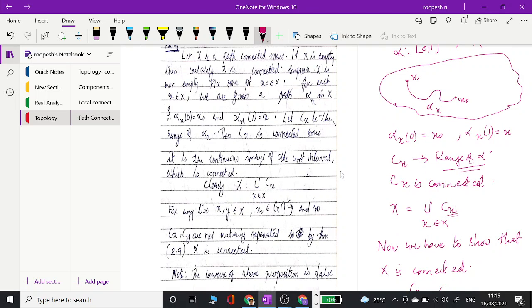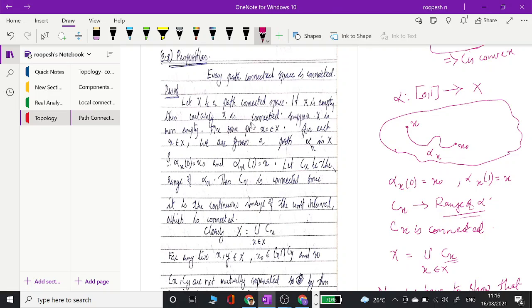So let us see. We assume that X is a path connected space. Now if X is empty, then certainly X is connected. Now suppose X is non-empty. We fix some point X0 belonging to X. For each x belonging to X, we are given a path alpha x in X such that alpha x of 0 equals X0 and alpha x of 1 equals x.